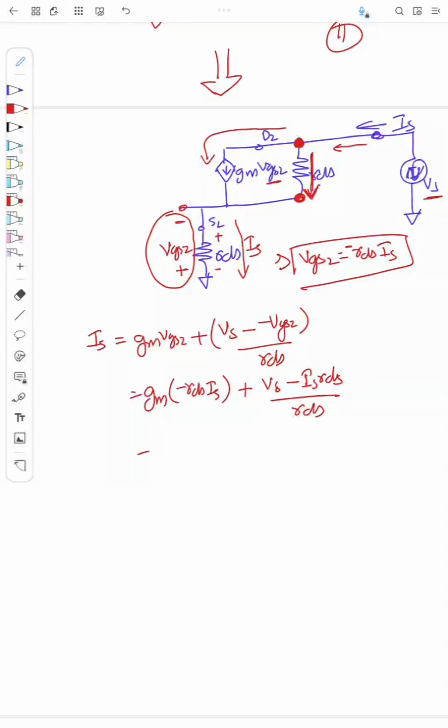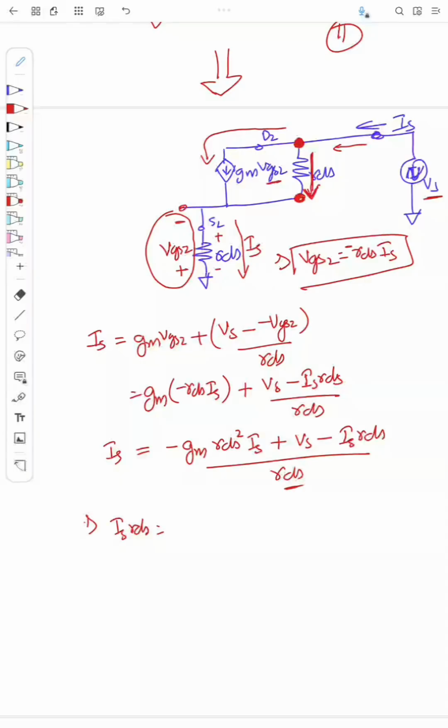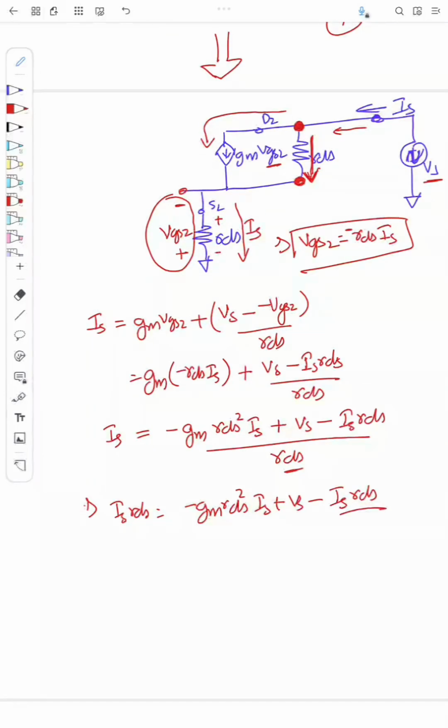Okay, so let us take LCM. So minus gm RDS square Is plus Vs minus Is RDS by RDS is equal to Is. So taking this RDS to LHS, Is into RDS equal to minus gm RDS square Is plus Vs minus Is RDS.